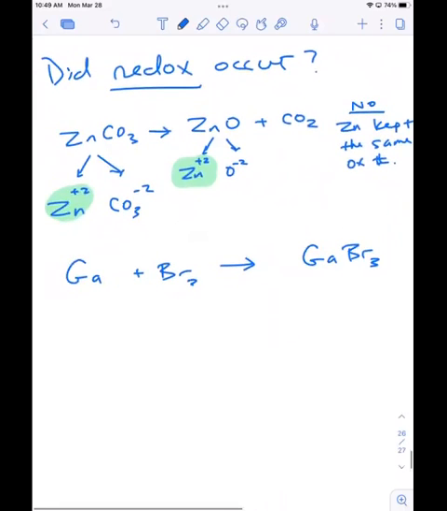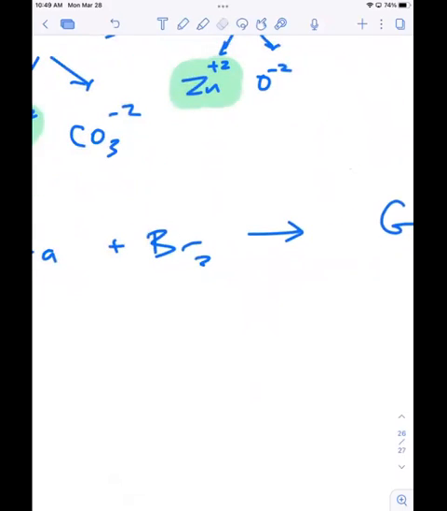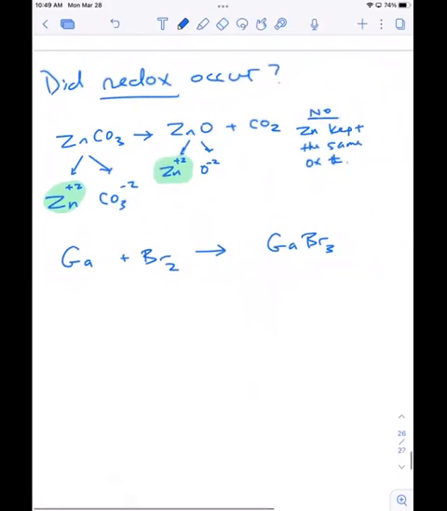All right, and let's balance this. Is the equation balanced as we look at it, as it stands? Got 3 bromines on one side and 2 on the other. That's not balanced, is it?